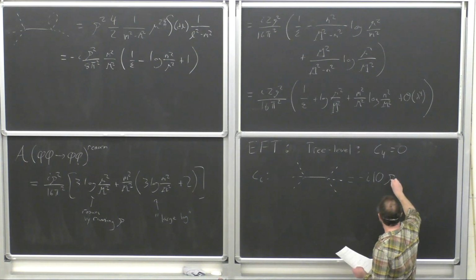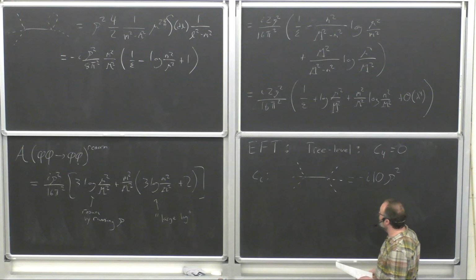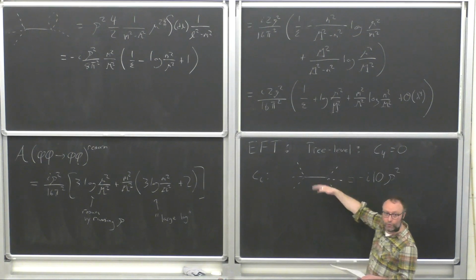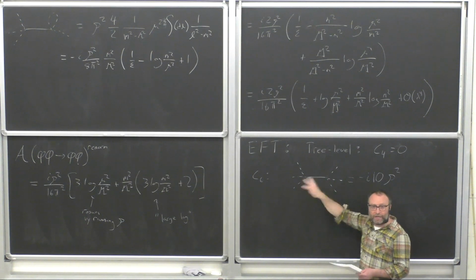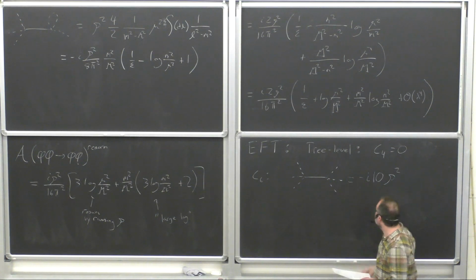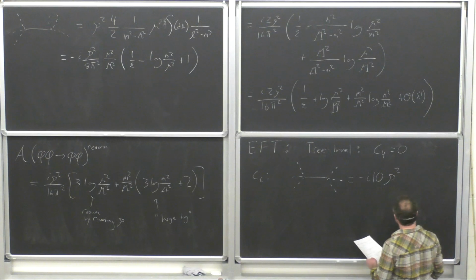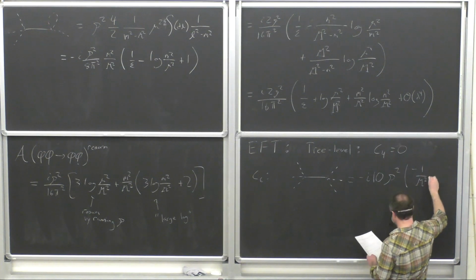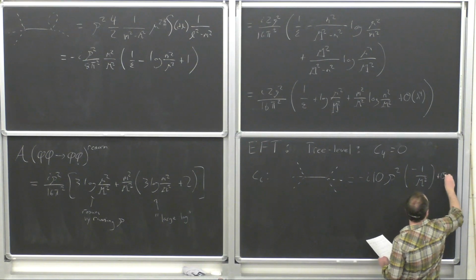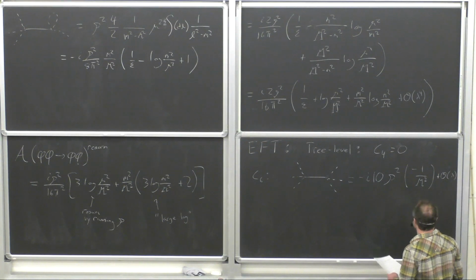You get a factor of 10 when you compute 6 choose 3, and then you divide by 2 because there's 2 sides, and that gives you 10 rho squared, and then minus 1 over capital M squared plus order lambda, okay?